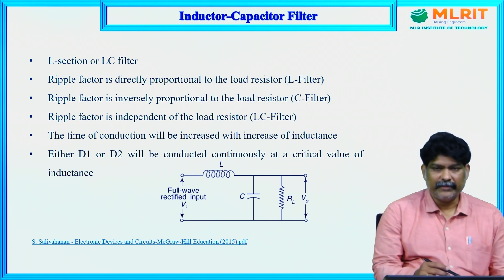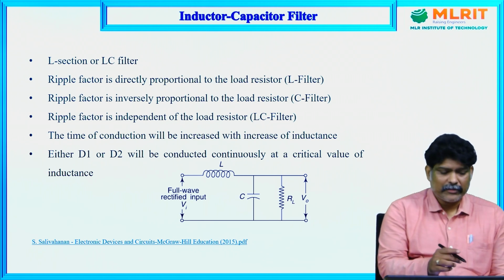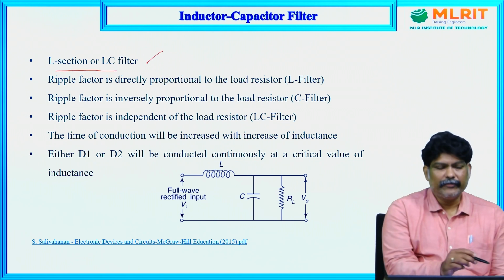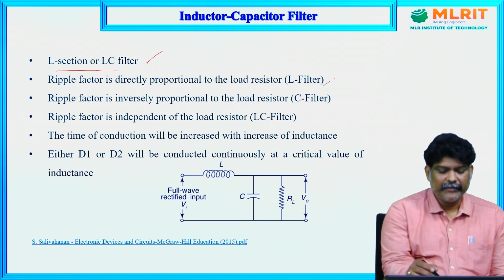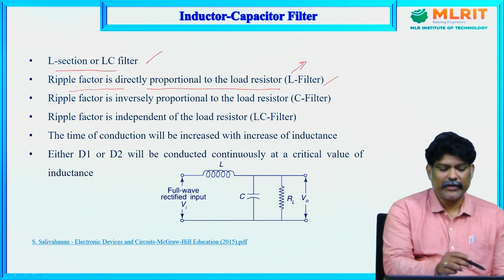Now let us start with the inductor capacitor filter, a combination of inductor and capacitor. It is also called the L section filter. Previously we discussed the single inductor filter, where the ripple factor is directly proportional to the load resistor RL.